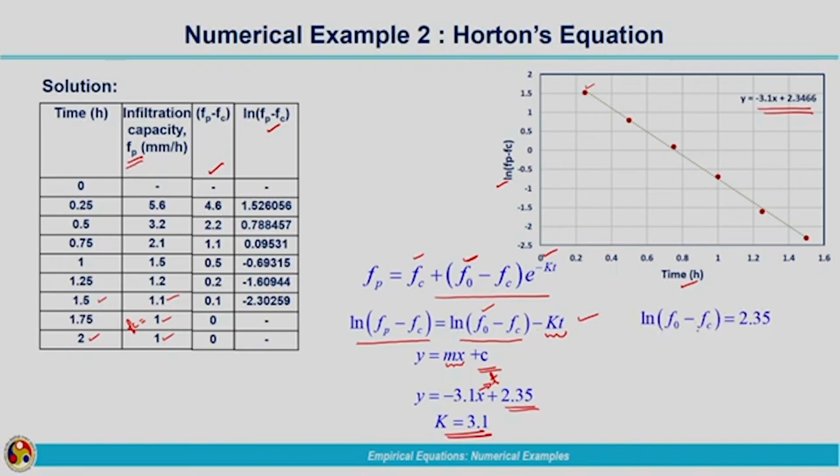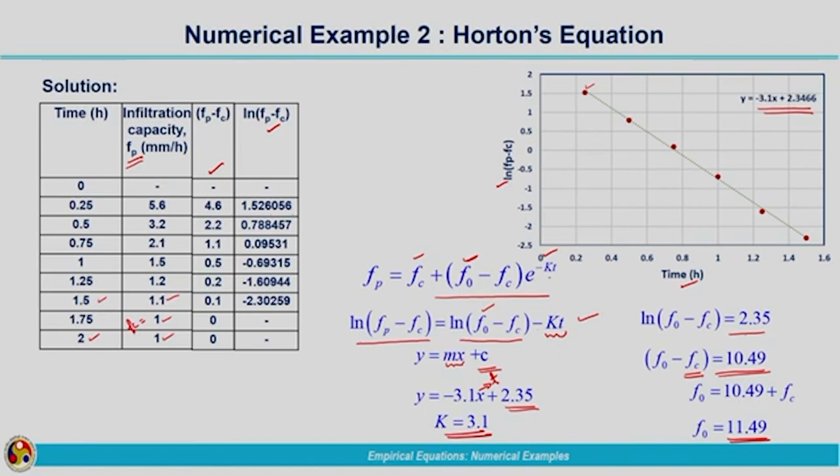So, ln(f naught minus fc) is 2.35. So, f naught minus fc, you can take the antilog and it will be coming out to be 10.49, and our fc is already known to us, that is 1 millimeter per hour. So, f naught is 10.49 plus 1, it will be coming to be 11.49 millimeters per hour.